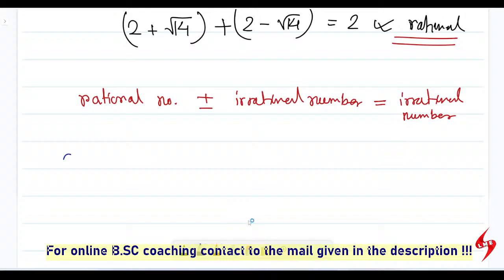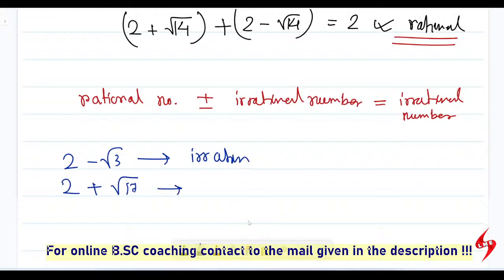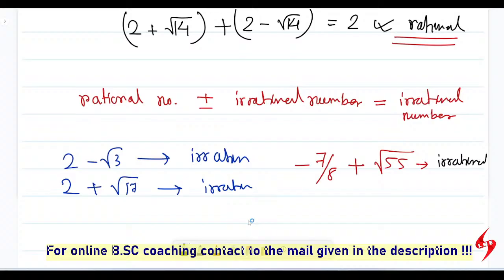Like 2 minus root over 3, irrational. 2 plus root over 17, irrational. Minus 7 by 8 plus root over 55, it is also irrational, etc.